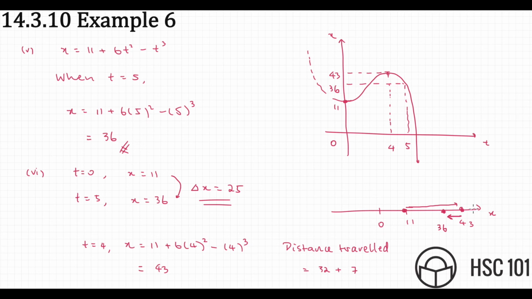Distance, we don't care whether it's to the right or to the left, we're just looking at the numerical values. And 32 plus 7 is equal to 39 units, right? So that is essentially the way that we calculate distance. And sorry, this is actually measured in meters. So I will change that. So it's actually 39 meters, right?